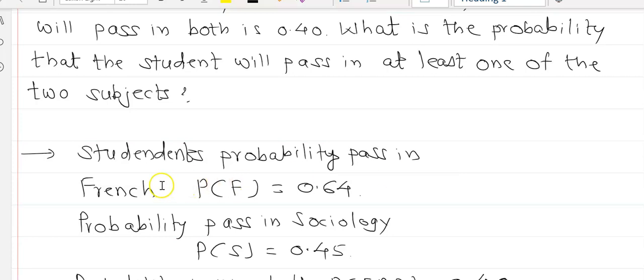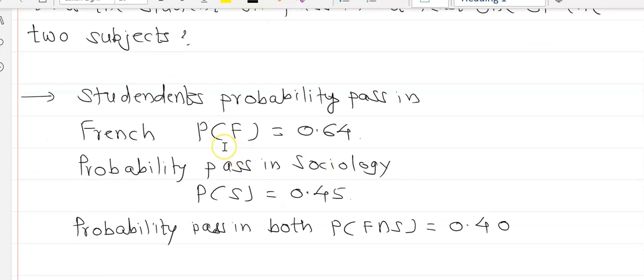The probability that a student passes in French is P of F equals 0.64. Probability of passing in sociology is P of S equals 0.45. Probability to pass in both, that is P of F intersection S, is equal to 0.40.